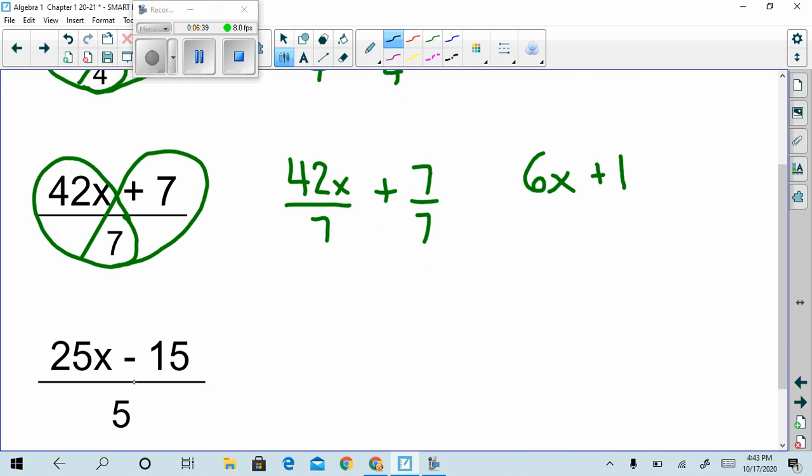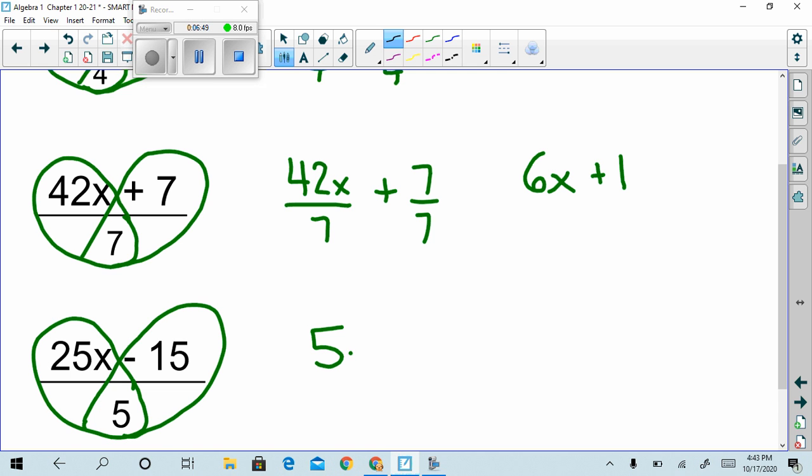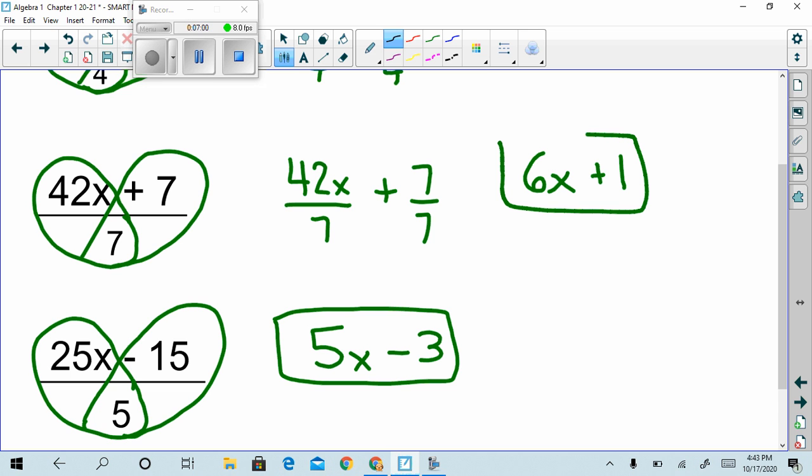One last one. Again, I'm sharing or distributing this to both parts. 25x divided by 5 is 5x, minus, and then I have 15 divided by 5 is 3. So this might be slightly different than something you've seen before, where we're dividing an expression by a term. And again, it's just looking at it as its two parts.